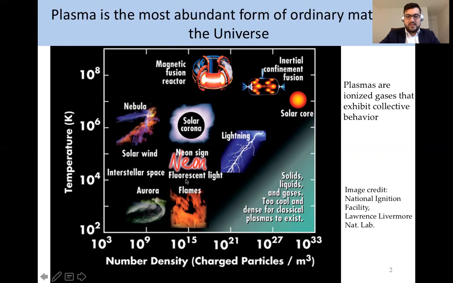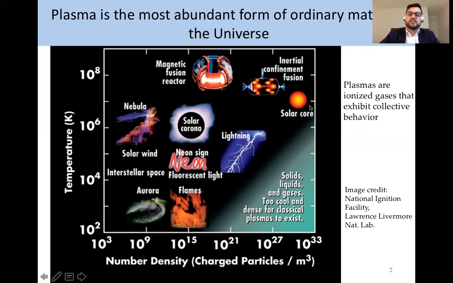And plasmas occur across a plethora of parameters, from aurora to the solar wind and to the center of the sun, up to the very hot temperatures needed for fusion to occur on Earth that I'll be talking about.